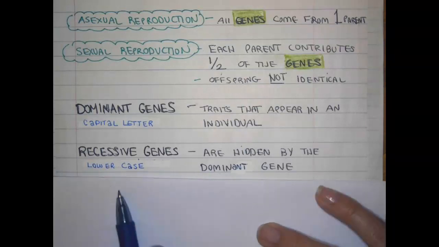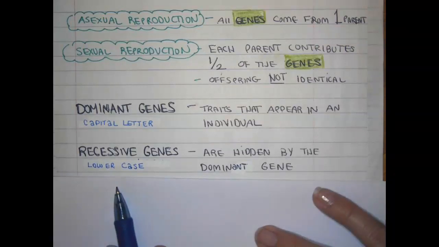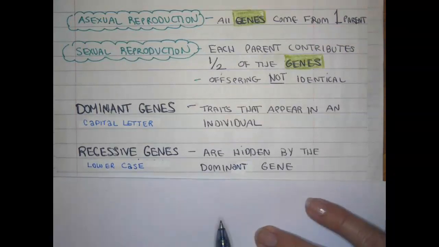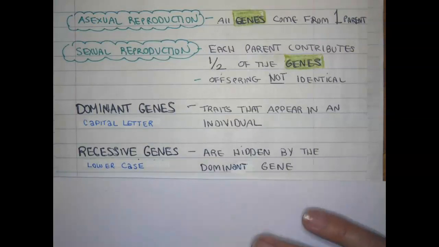So remember this: traits that can be inherited from our parents, things like freckles, our hair color, whether our hair is curly, our muscle structure, our bone structure, the shape of our nose, or whether we're left-handed or right-handed.